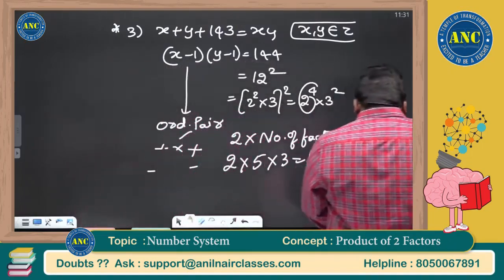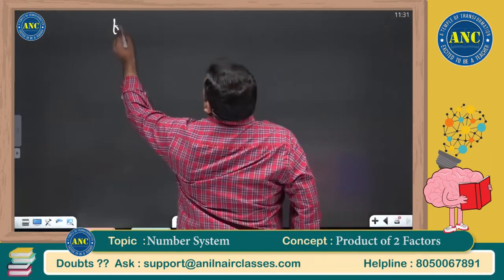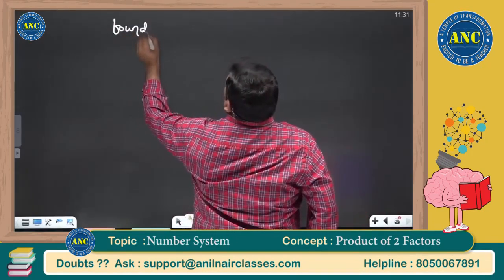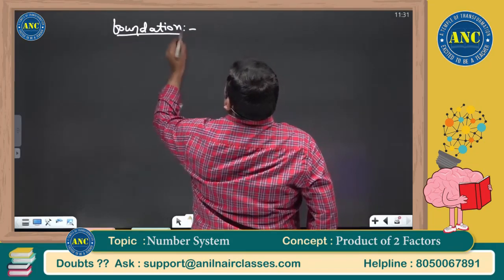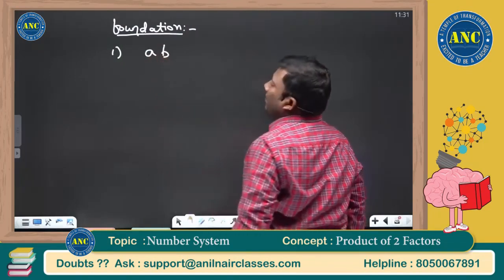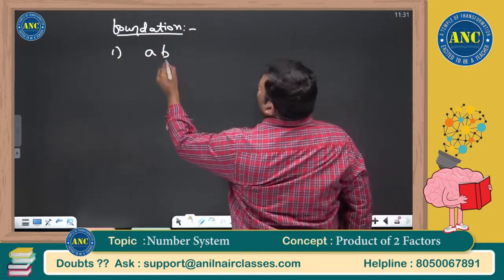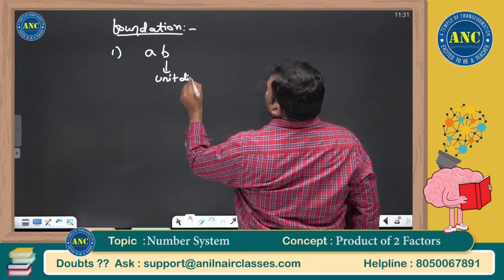Now, before we solve the fourth question, first we will write down the foundation. What is the foundation? Now see here. First one, suppose AB is there. AB is a 2-digit number, where B is called the unit digit.